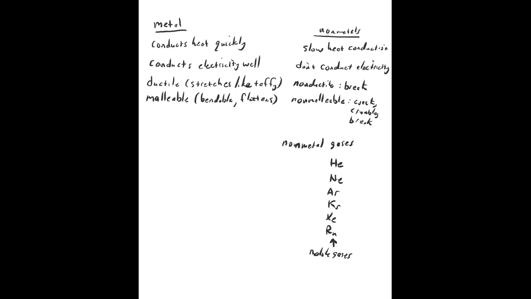Okay, so those are nonmetals. But other elements are nonmetals as well. So for example, fluorine is a nonmetal. Oxygen is a nonmetal. Nitrogen is a nonmetal. I mean, they're all nonmetals, but they're all gases at room temperature. Okay, so if they're gases, they're nonmetals.